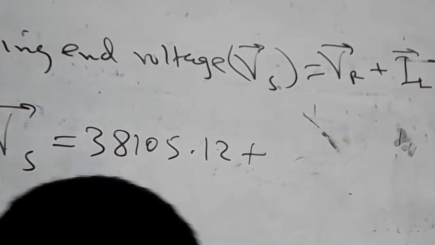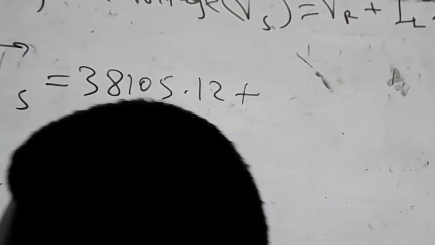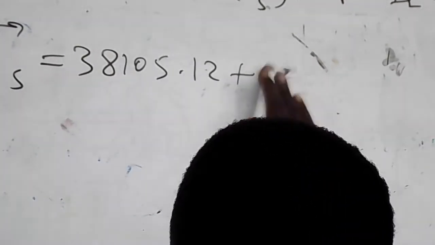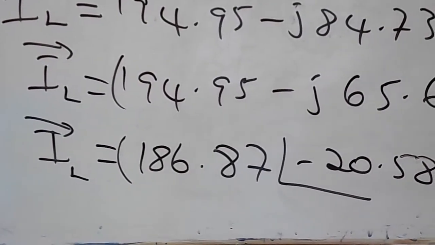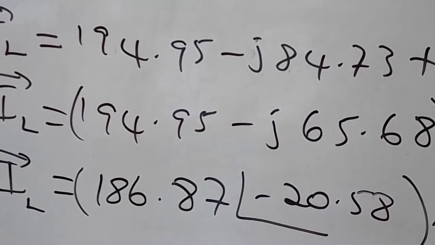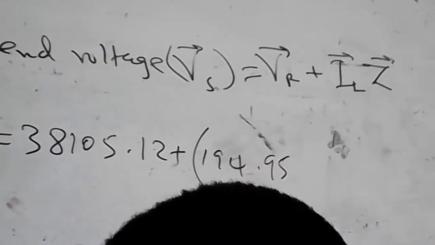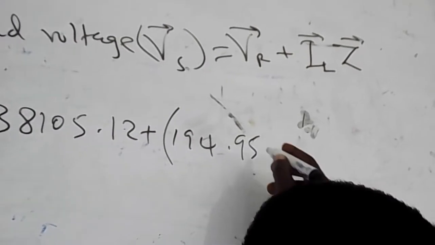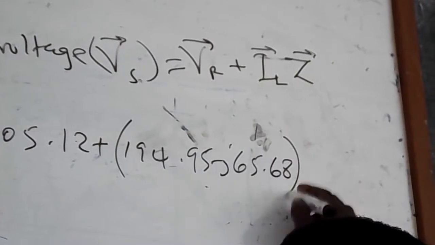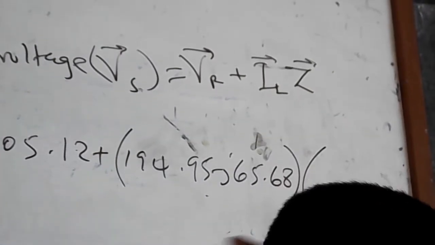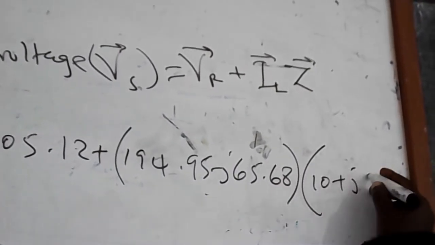IL we already have, which in rectangular is 194.95 minus j65.68. Then the impedance, we have 10 plus j50.